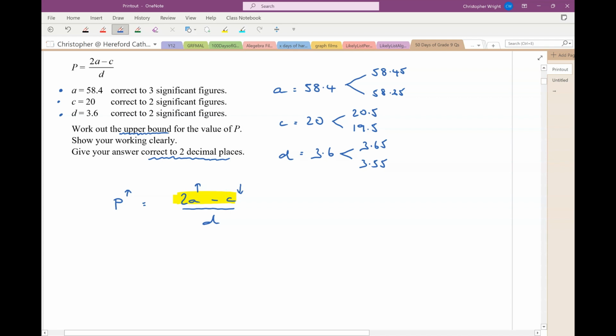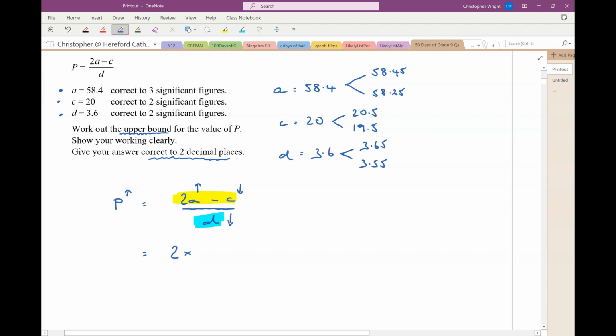And if I want the highest possible P, then I want to divide by the lowest possible number. So I'm going to choose the lowest possible D, because if I divide by a lower number, I get a higher answer.